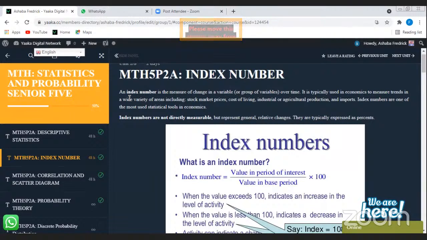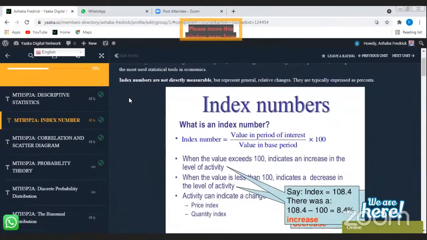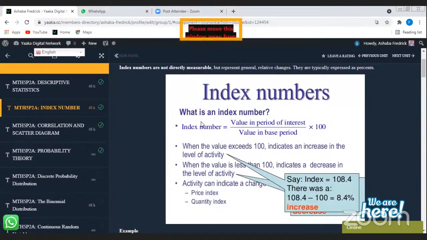So above 100, we consider that there was an increase, and below 100, we consider that there was a decrease, as it is indicated in this image. So we are saying index number is equal to value in period of interest over value in base period, times 100.